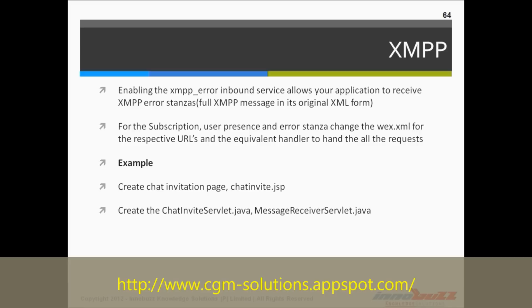For that, we need a chat invitation servlet which actually sends the invitation, and we need a message receiver servlet.java which needs to respond whenever someone sends a message to us, and configure the appengine-web.xml for inbound services. Then modify the web.xml for the servlets and test on the app server.